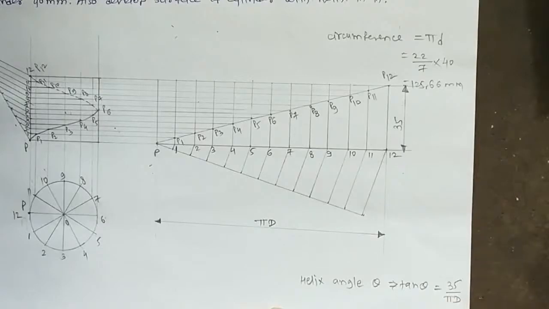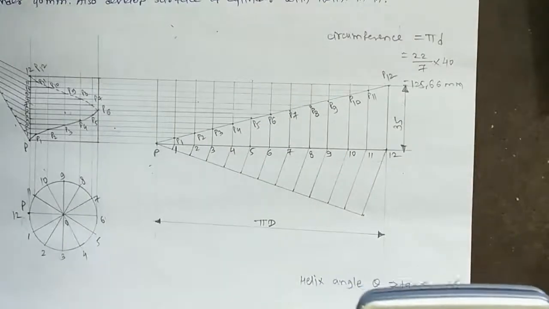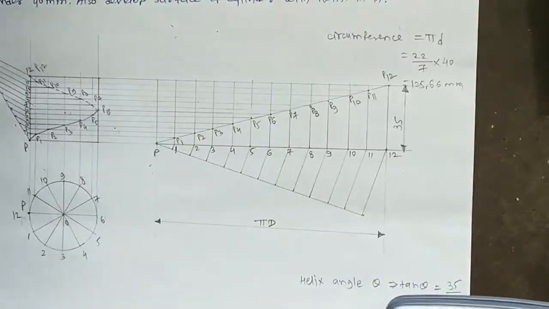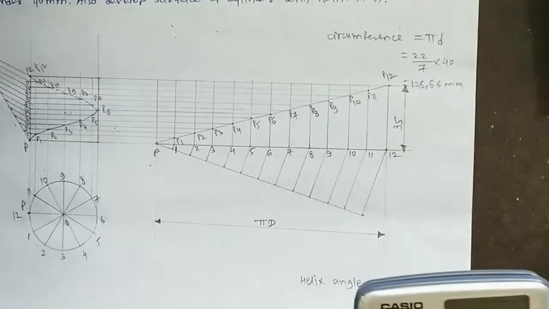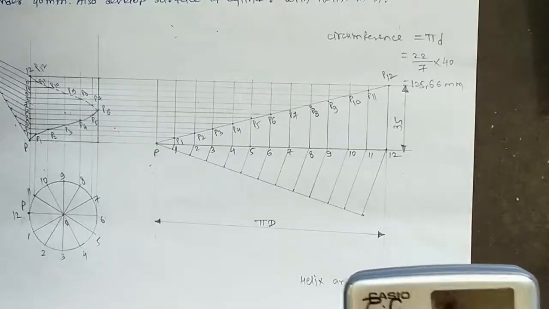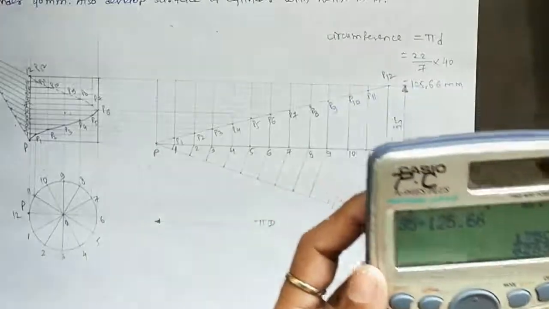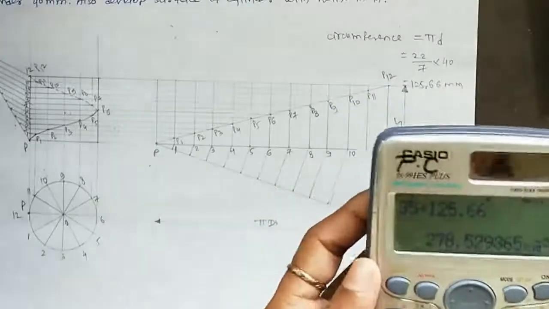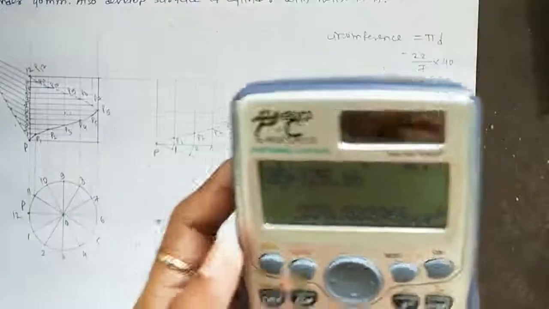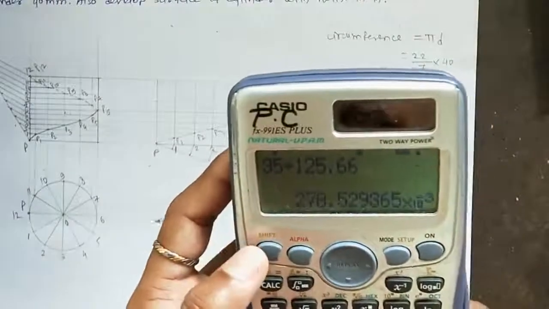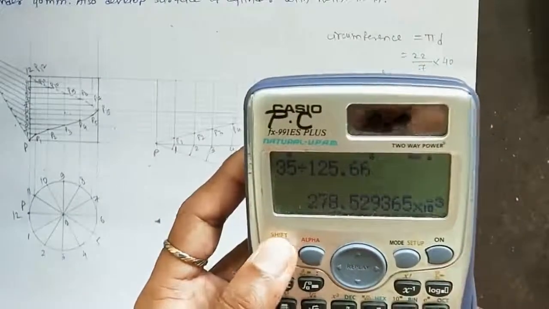So 35 divided by 125.66. So tan theta will be this value, and we find theta by taking tan inverse of this value.